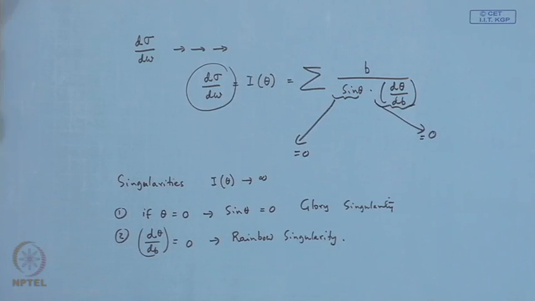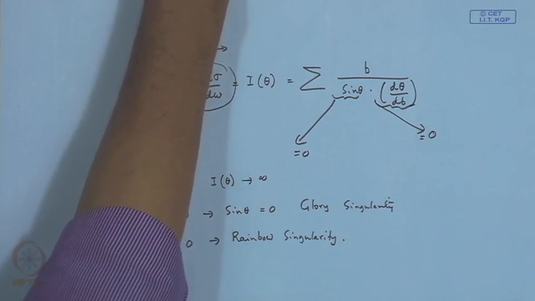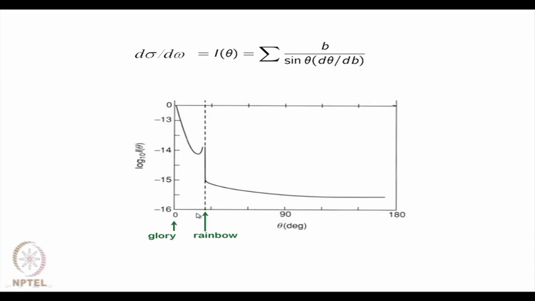Now, what is this rainbow singularity? At the situation d theta dB is 0, classically we obtain a discontinuity in the differential cross section, as it is here, at theta r, the rainbow angle.